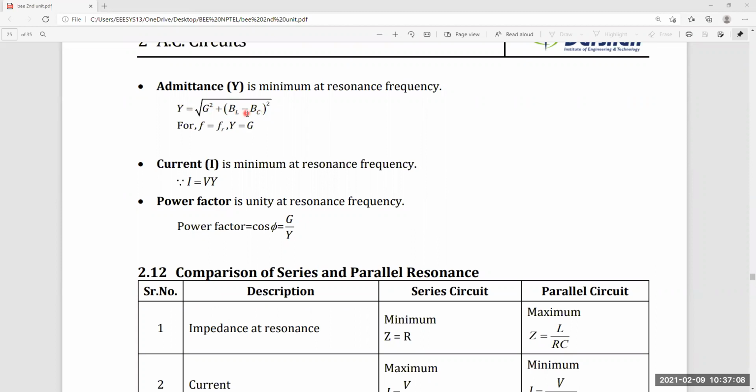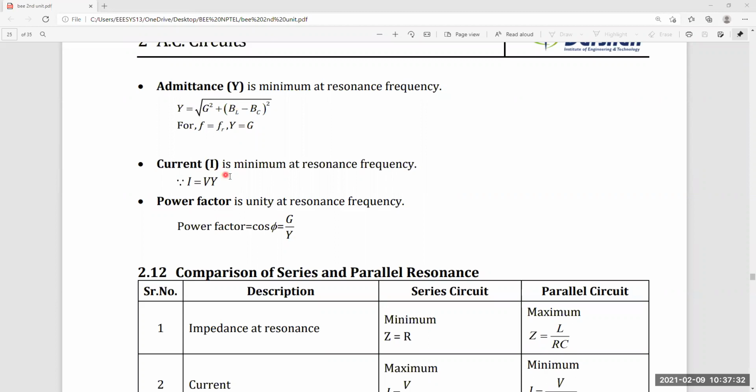For a series RLC circuit, XL is equal to XC. For a parallel RLC circuit, BL is equal to BC, that means the inductive susceptance is equal to the capacitive susceptance. Then Y is equal to G.